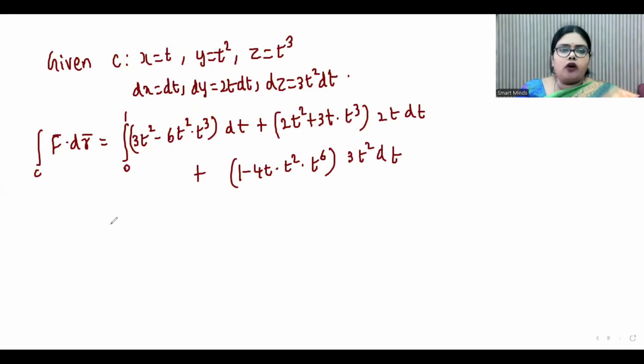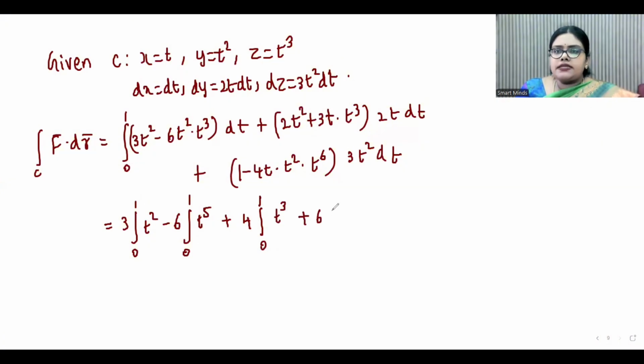Now we have to integrate all these terms. So that is equal to 3 integral 0 to 1 t square minus 6 integral 0 to 1 t power 5 plus 2 into 2 is 4, 4 integral 0 to 1 t cube plus 6 integral t power 5 plus 3t square dt minus 12 integral 0 to 1.